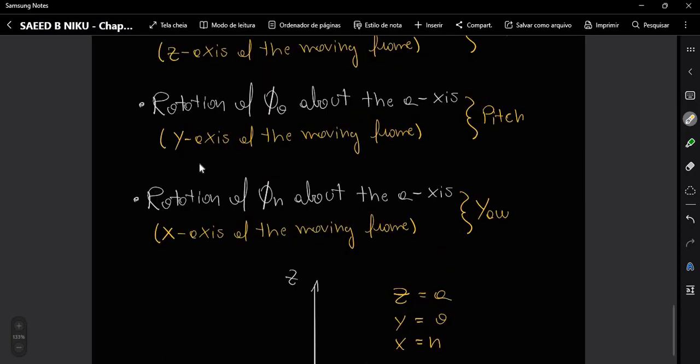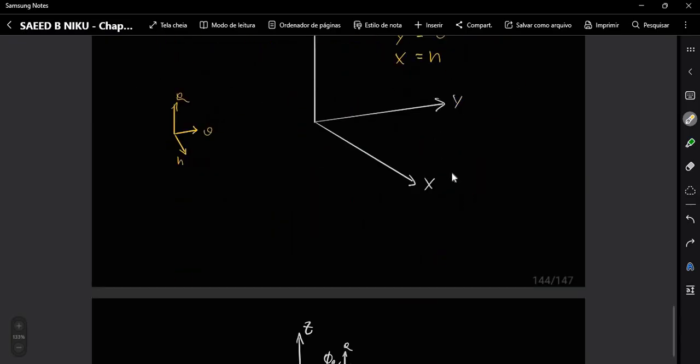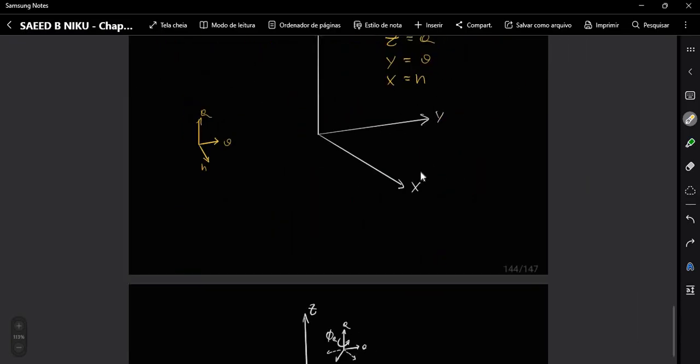For O we have Y, it's correct. For N we have X, for O we have Y, and for A we have Z. Both are correct. Okay, so we have done this analysis correctly.